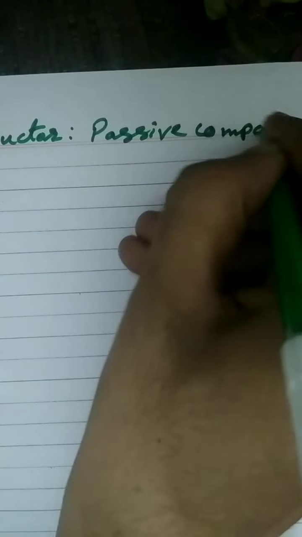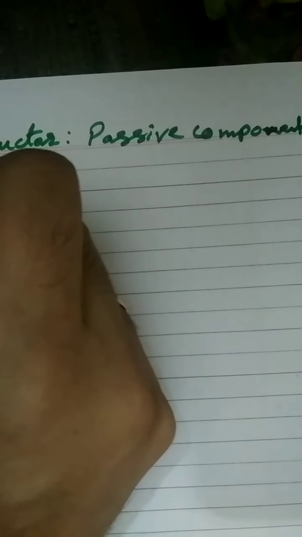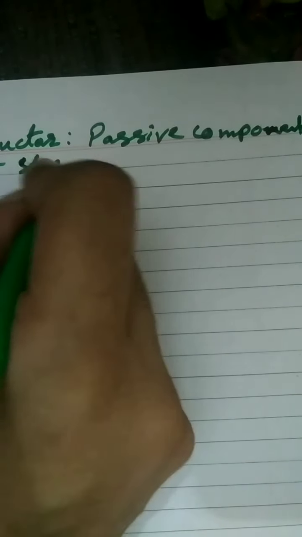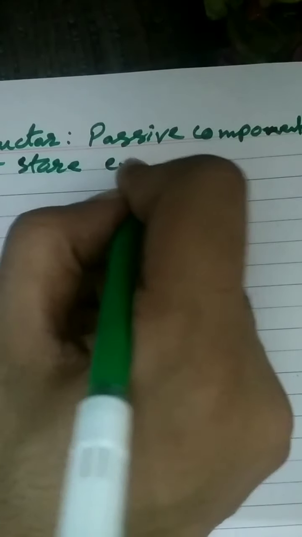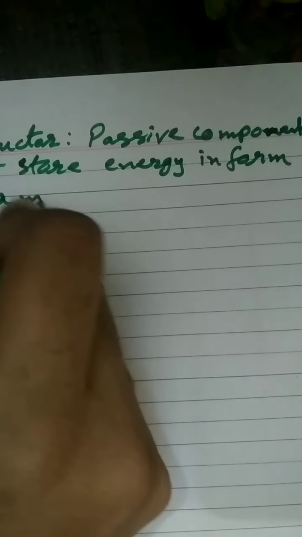The next circuit element is called inductor. Inductor is a passive electrical component that can store energy in the form of a magnetic field.